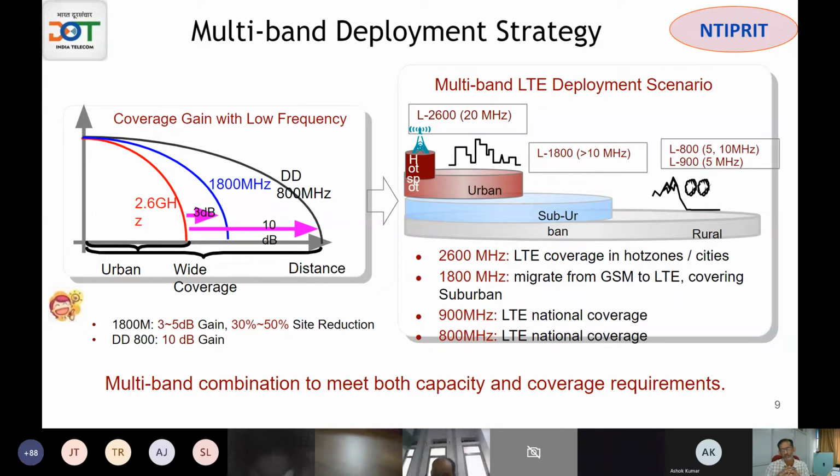So whomsoever is near to the tower, they will give the higher bands, and whomsoever is going farther away, they will be sharing. So by intelligently managing the different bands, the multi-band operation is very key to give a good QoS to the customer. So this option of managing the multiple bands in the spectrum scenario is very, very important.